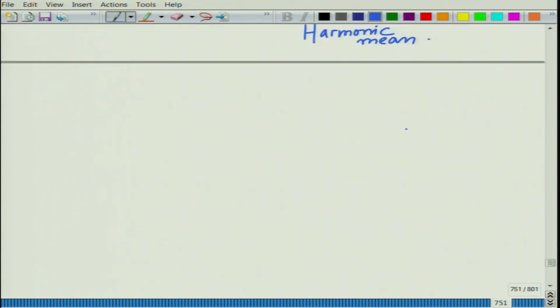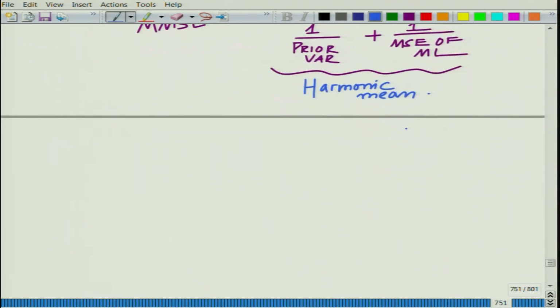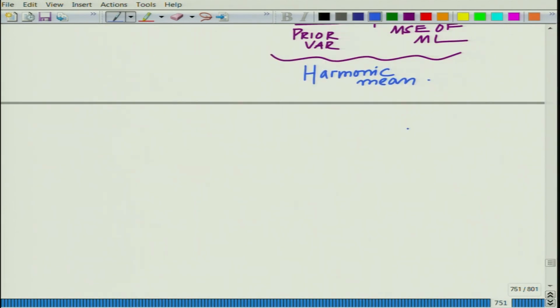The harmonic mean means it is like a parallel combination of resistances, right. So, it is a harmonic mean of the prior variance and the ML MSE, which means it is less than both.